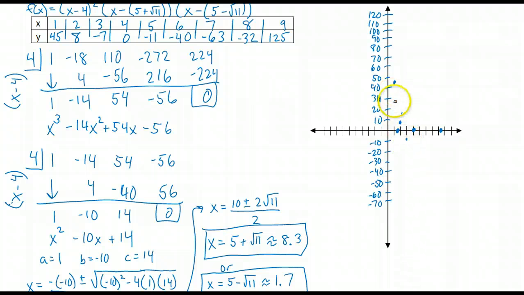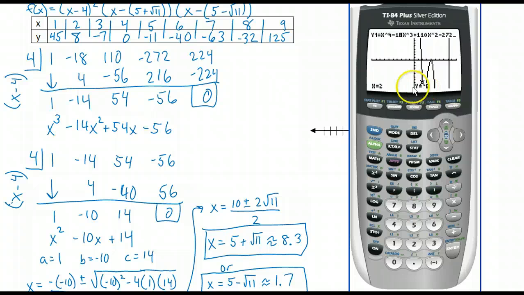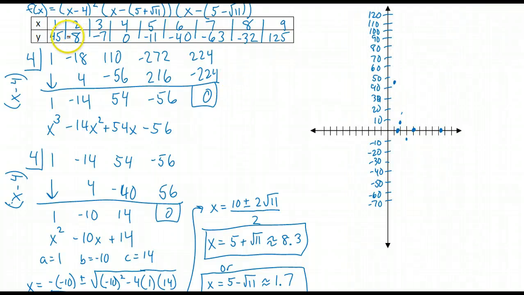There's something that I did wrong here. I can't have these numbers work this way. And when I look back, when x is 2, y is actually -8. So I need to change this 8 to a -8, which means that this value right here should be down here. That makes a little more sense.